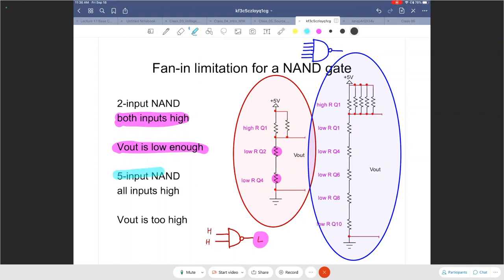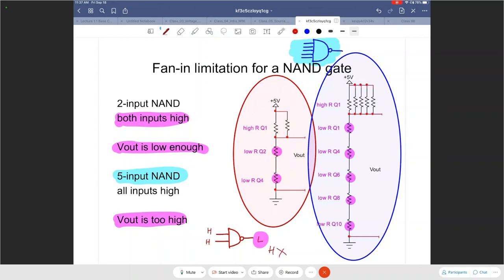But now think about the second situation in blue. You have a 5-input NAND gate right here, which means you have 1, 2, 3, 4, 5 low resistors that are getting added up in series. That could lead to a significant enough resistance such that V out becomes high, and you incorrectly go to H here. That you don't want.